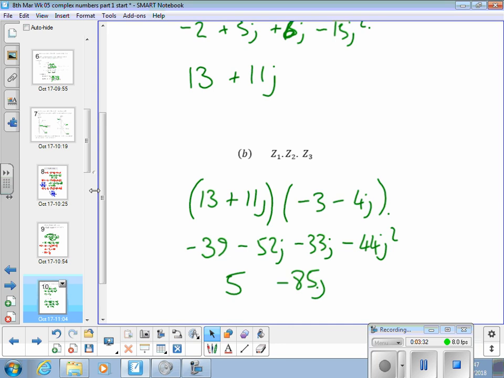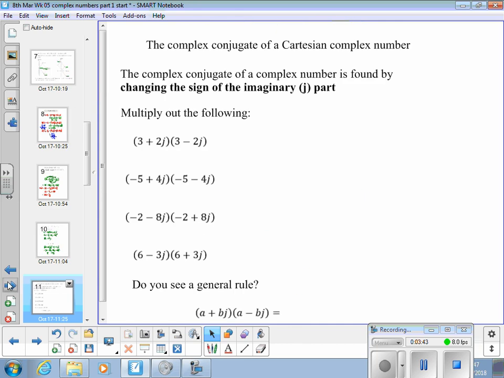Now, the mathematical operation we need to look at requires a preamble about what's called the complex conjugate of a Cartesian number. What a mouthful that is. The name makes it sound complicated, but it actually isn't very difficult at all.